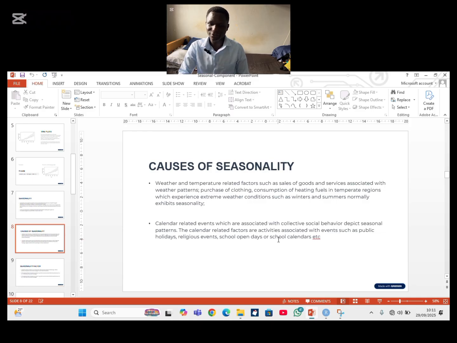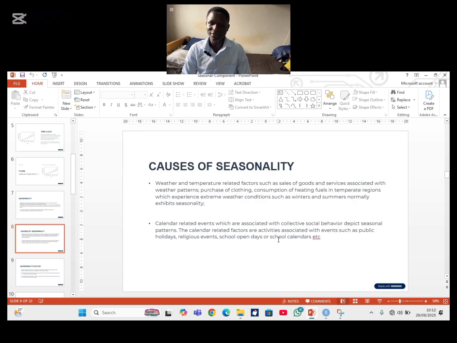So if you are a researcher and you want to solve maybe a problem of traffic jam, and you go collect data concerning number of cars on different days, probably you notice some kind of seasonality on the days when students are going back to school, and also when they are coming back from school. I'm talking of those in boarding, not those in day schools. Yes, those are the ones we are talking about.